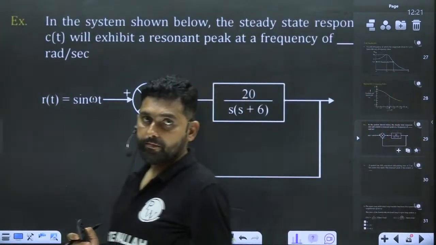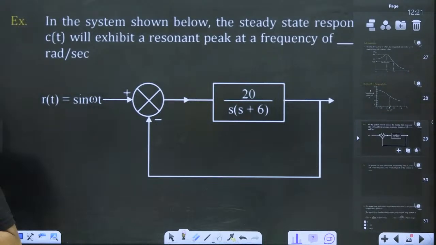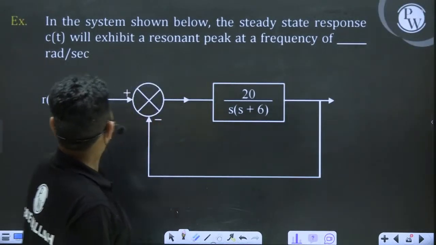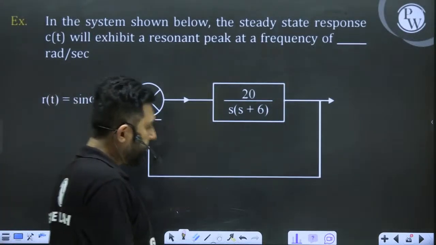Solve the problems. Make it fast. The first question: in the system shown below, the steady state response will exert a resonant peak at a frequency of.